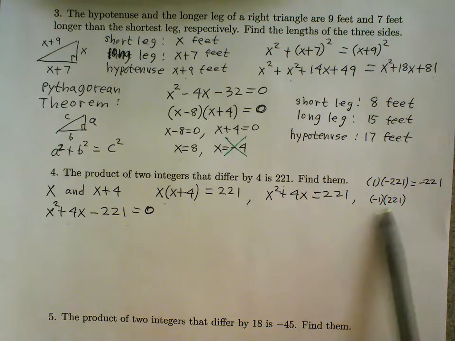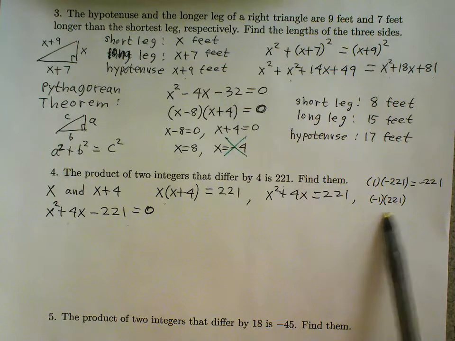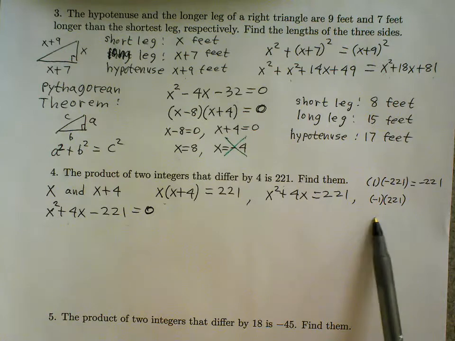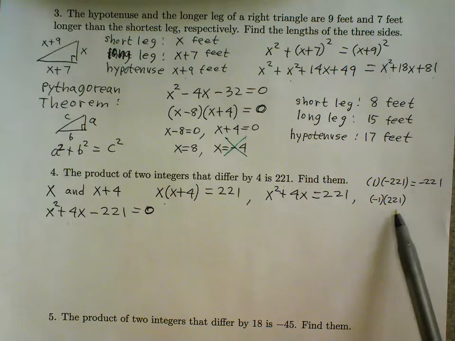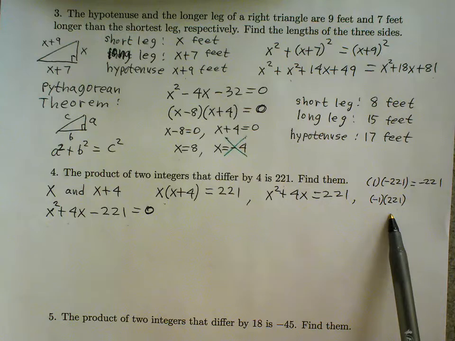Negative 7 is not a factor. Negative 8 is not a factor. Negative 9 is not a factor. Negative 10. Negative 11, no. Negative 12, no. Let's see, 13, negative 13. Yeah, I think that one works.